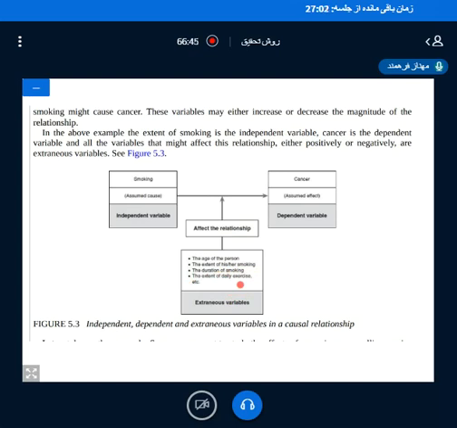So these factors can affect the relationship. In this figure, you see independent, dependent, and extraneous variables in a causal relationship, and that is important for understanding the meaning of these variables. This example is just for understanding the meanings.